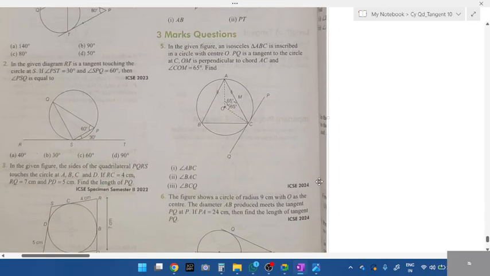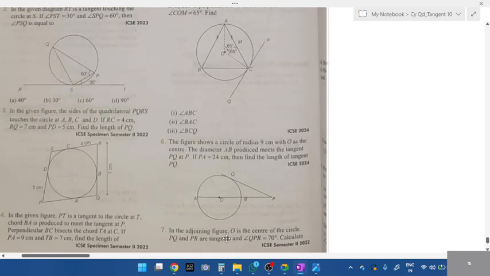Okay, last question, students. Last one. Remaining we'll solve tomorrow. Another 3 questions. We'll complete it tomorrow. 3 marks question. One 3 marks and there was one 4-marker question.